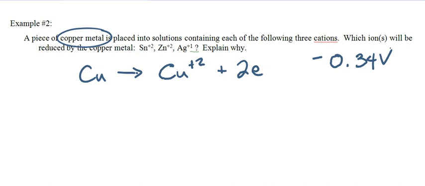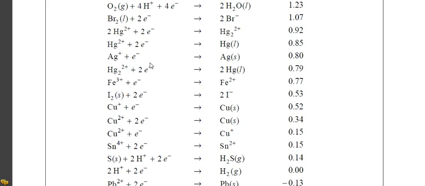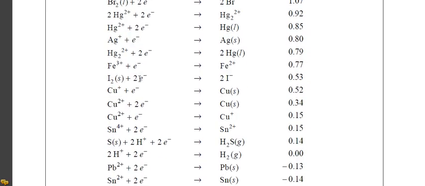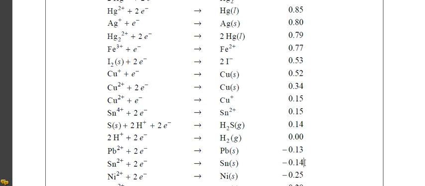Okay. Now, don't get excited that it has a negative voltage, because what we're looking at is to make sure that if this is going to be a spontaneous reaction, the total voltage of this reaction is positive. So looking at the first one, the tin +2, let's go ahead and do that. We know that tin would like to be reduced to take it from an ion to solid. So let's find out what that value is. So tin, let's find it, Sn +2 going to solid right here.